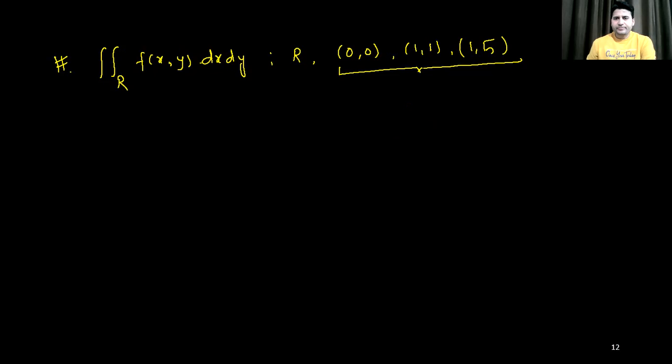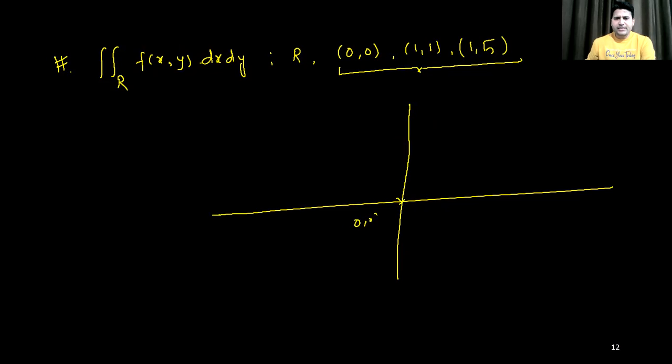Let us see. Firstly, in order to identify the region, we should draw the points. 0 0 is like this. For 1 1, suppose this distance is 1 and this distance is 1, somewhere here we will get the point 1 comma 1. For 1 comma 5, on the x-axis we have 1, on the y-axis we have 5. Suppose this is the point 0 comma 5. So somewhere here we will get the point 1 comma 5. Join these points. This is the region that we get.